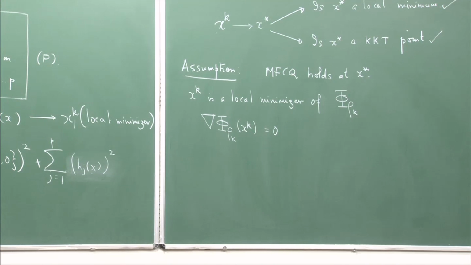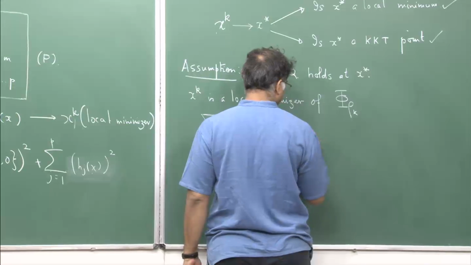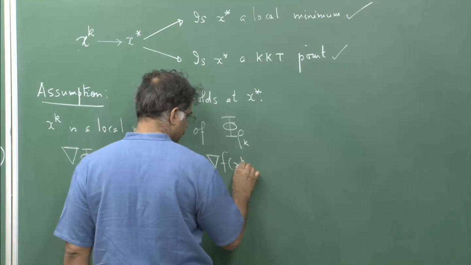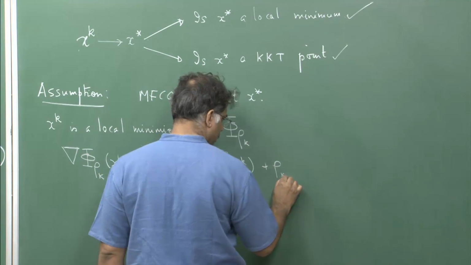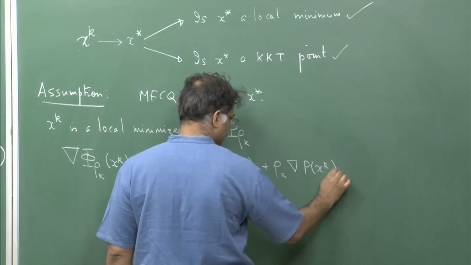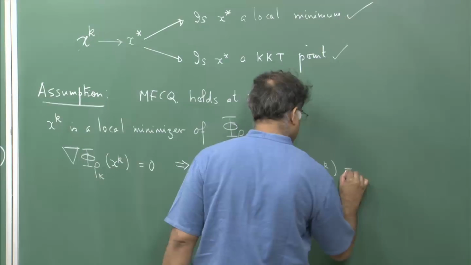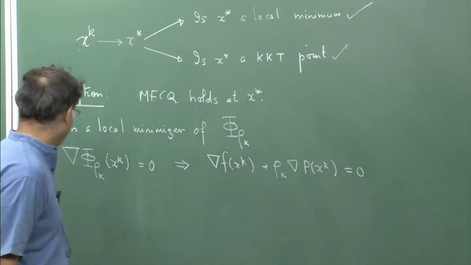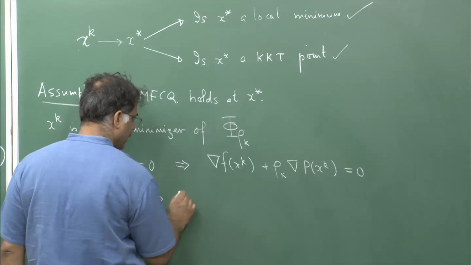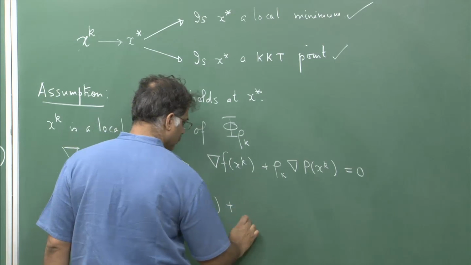So, what would that imply in our particular case? In our particular case, it would imply grad of f of xk plus rho k, it is a constant, grad of p of xk, and this is 0. Now, what is the grad of p of xk? We know already from yesterday's descriptions.